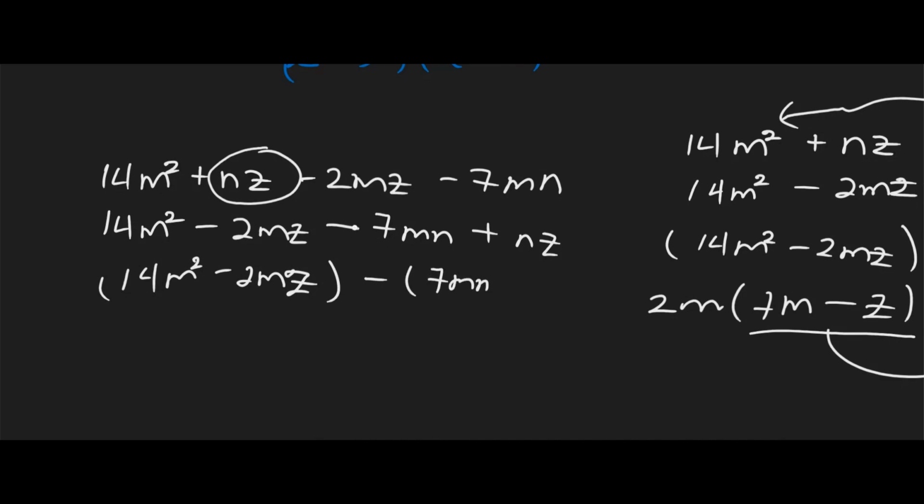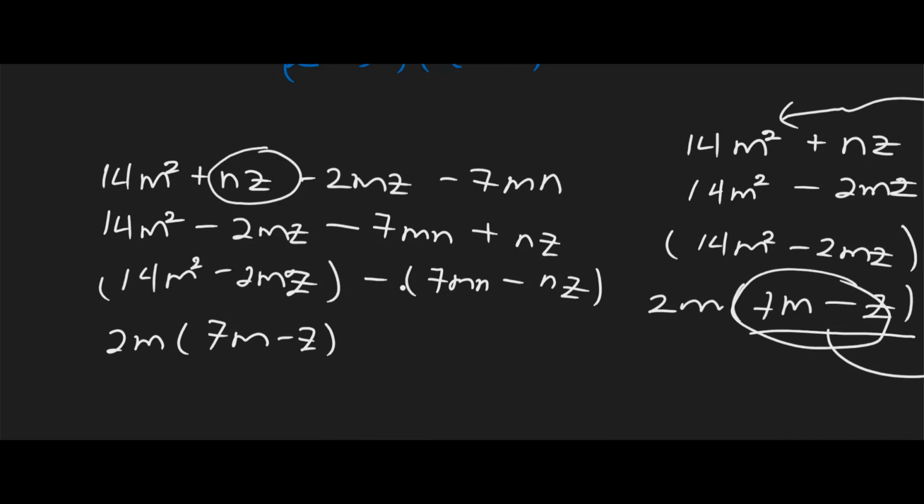So this sign should affect this one. So I'm going to get minus nz. So obviously the common factor is going to be 2m, like we did here. So you have 7m minus z. So that's going to be the same as this one.